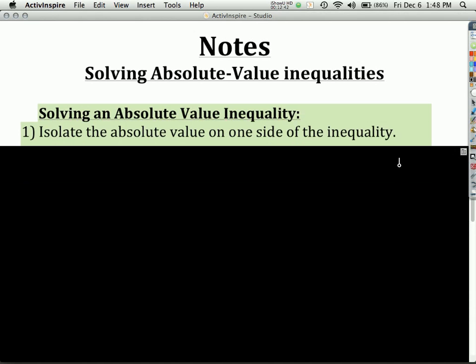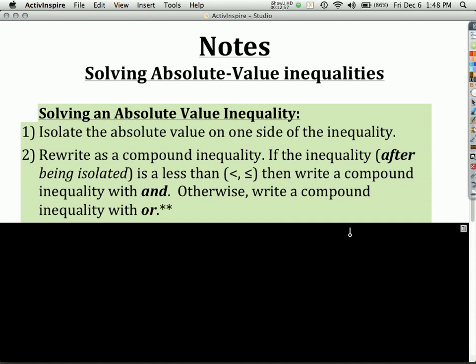Step 1 is the same thing that we did last time. This was new the other day: isolating an absolute value. We're going to do the same thing again today. Everything happens once the absolute value is isolated. Here is the new part. Then we rewrite it as a compound inequality. Step 2 is the secret.